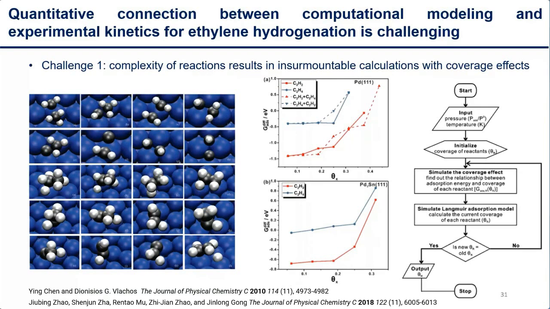And so this work captures that effect through the calculation of how the Gibbs free energy of adsorption changes as we change the coverage of either ethylene or acetylene on these surfaces. And in the middle here, these graphs clearly demonstrate that the adsorption energies change substantially as the coverage of either acetylene or ethylene increases.